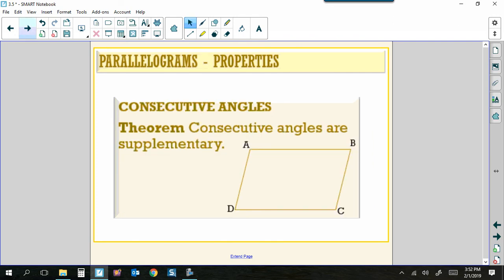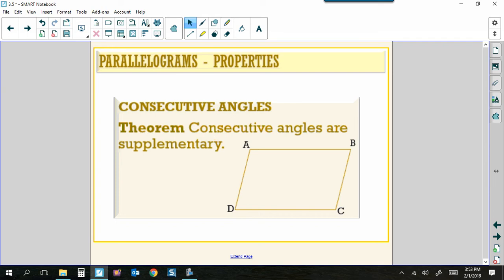And next is actually a review from section 3.1 earlier in this course. Consecutive angles are supplementary. Consecutive angles is a new vocabulary word; however, we called it something else in lesson 3.1. They were called same-side interior angles. So if you remember, by definition, a parallelogram has opposite sides parallel. So we know that AB is parallel to DC, which makes AD a transversal, making angle A and angle D same-side interior angles.